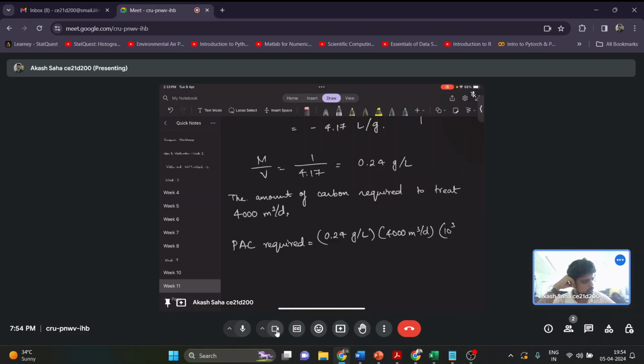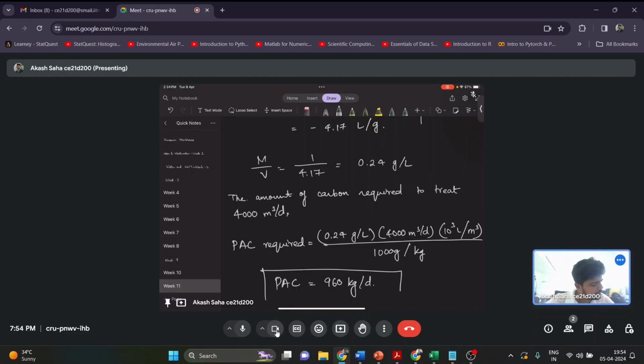Now 1000 liter per meter cube divided by 1000 gram per kg. Okay, so these are some unit conversions. So my PAC required will be 960 kilogram per day. Okay, so this is my PAC required. So it's a pretty simple and direct problem.